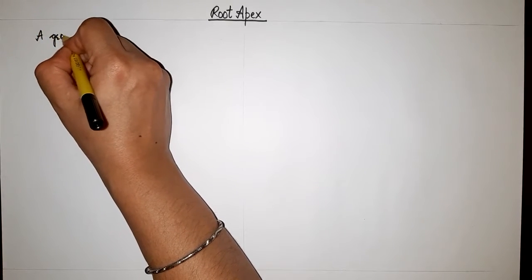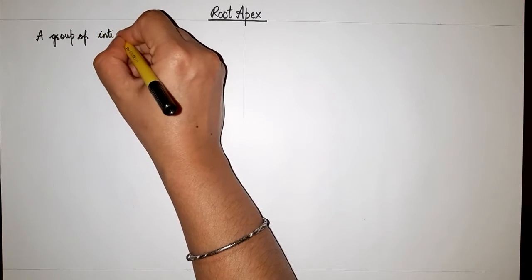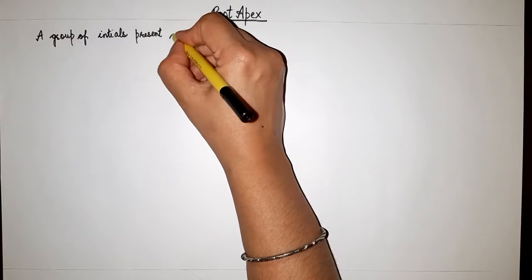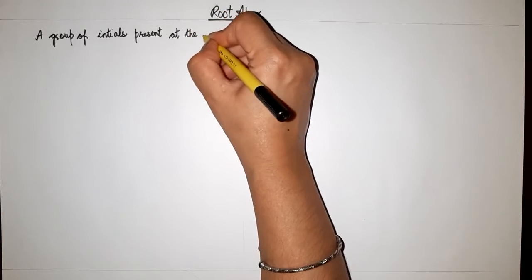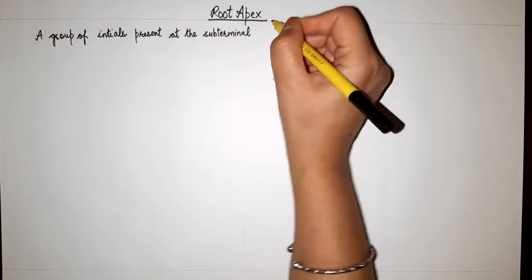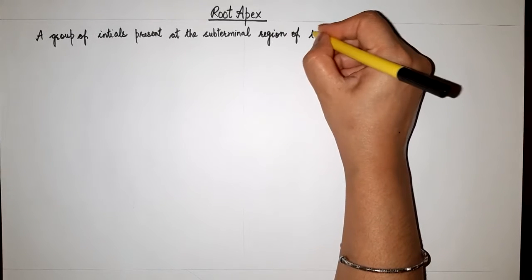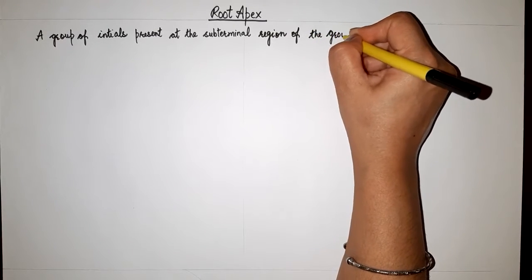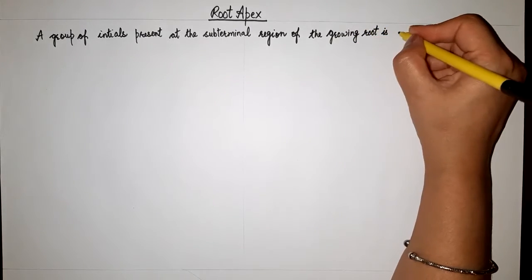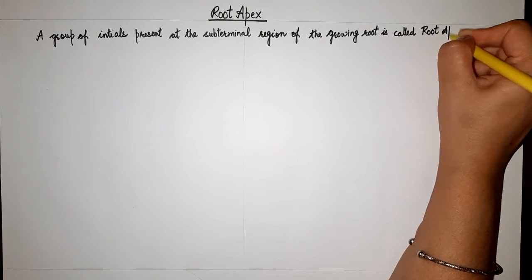A group of initials present at the subterminal region of the growing root is called root apex.